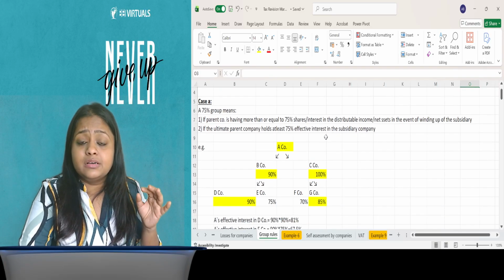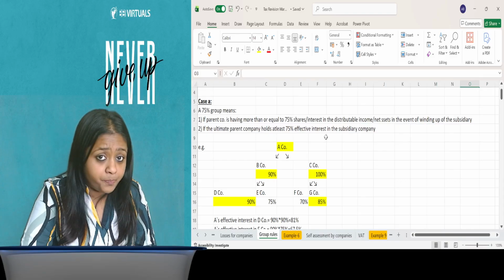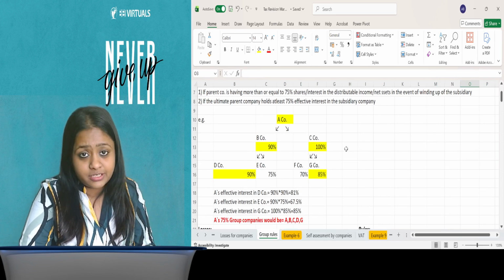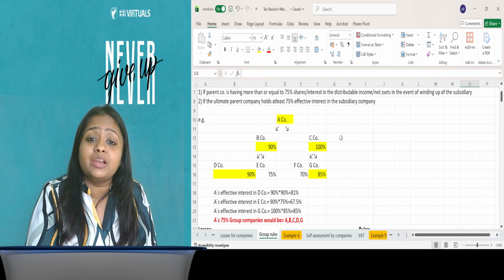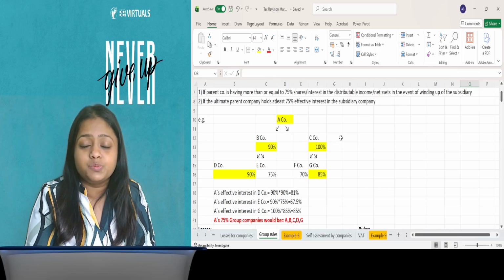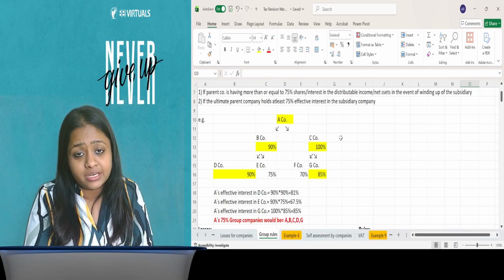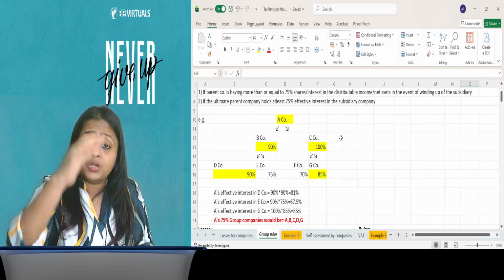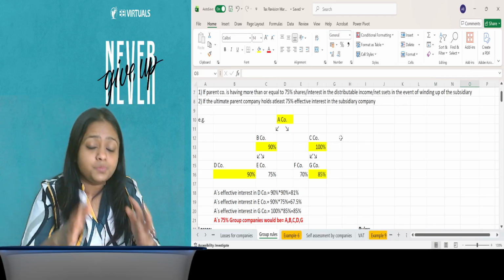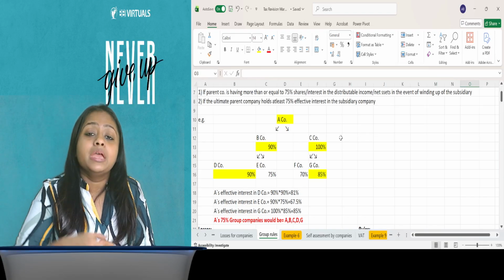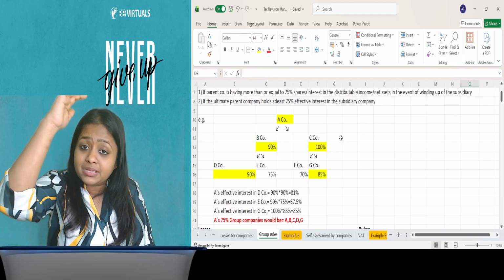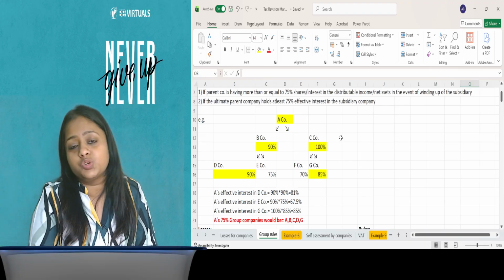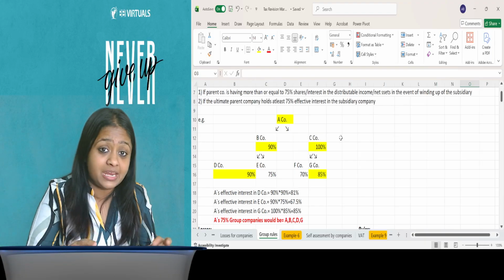When we see the 75% group, it is very important to establish a direct and indirect relationship. In the example where I told you about the associated companies, we established a direct and indirect relationship. So here also, the direct relationship between a parent and a subsidiary has to be minimum 75%, and the indirect relationship between the ultimate parent and the subsidiary also has to be minimum 75%. Very important.